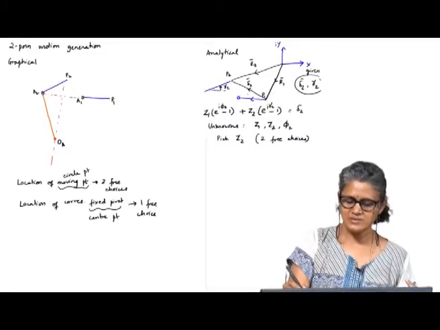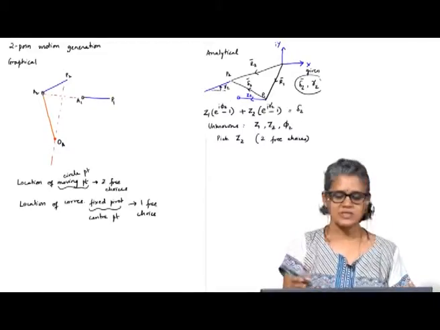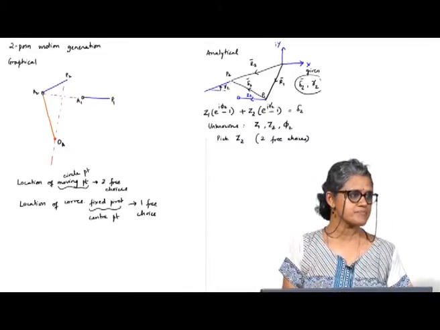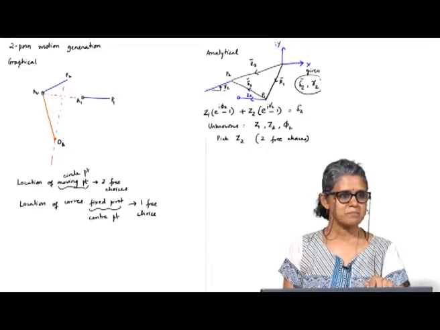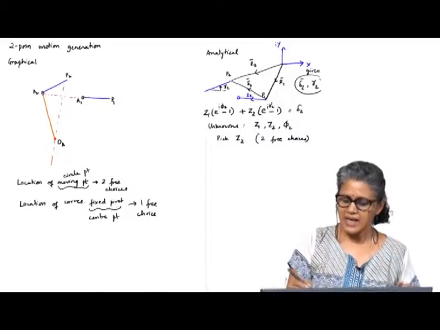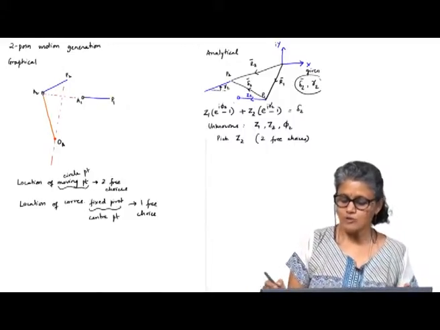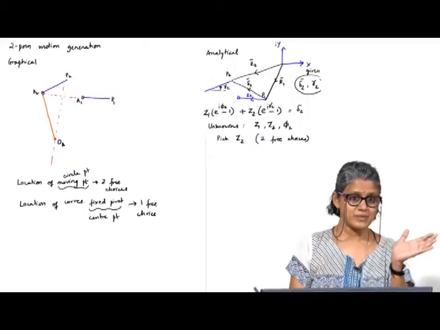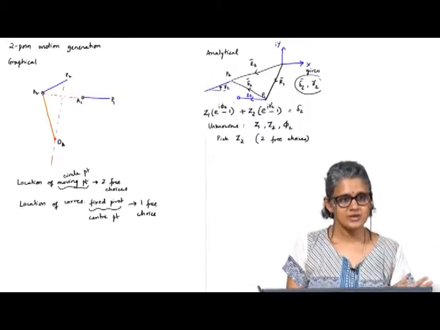That is the same as my picking A1 in the graphical case. And then I also have to pick phi 2, so that I can solve for Z1.